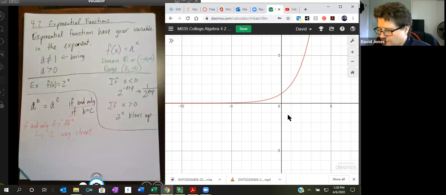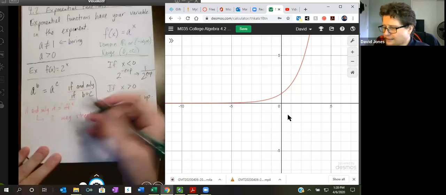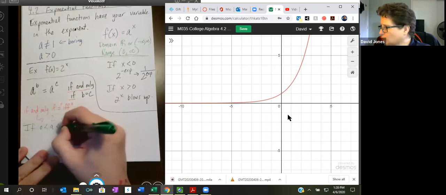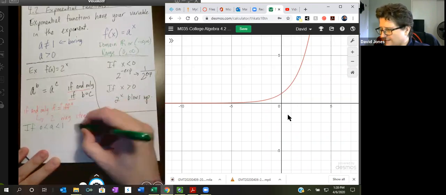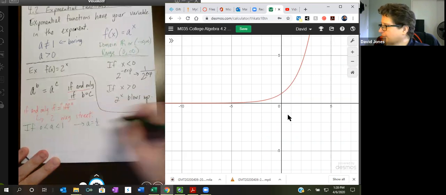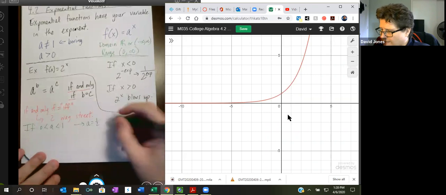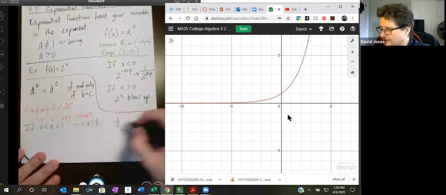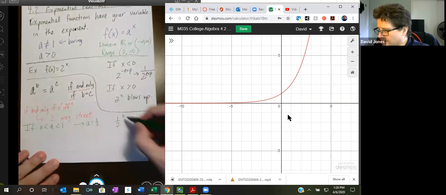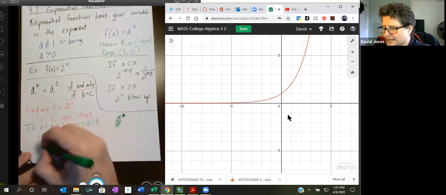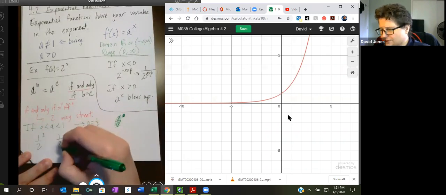So if we look at values that are between 0 and 1, if 0 is less than a is less than 1, let's say, for example, a equals 1/2. I've got 1/2 to the b power. Let's compare 1/2 to the second power to 1/2 to the third power.